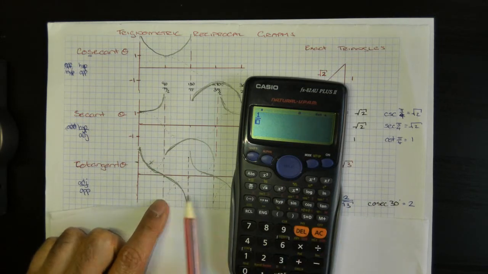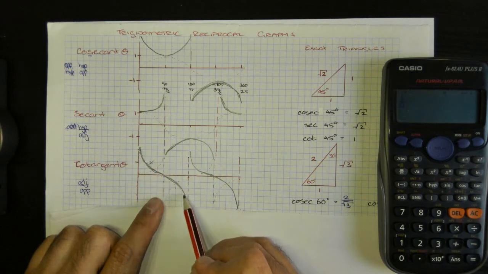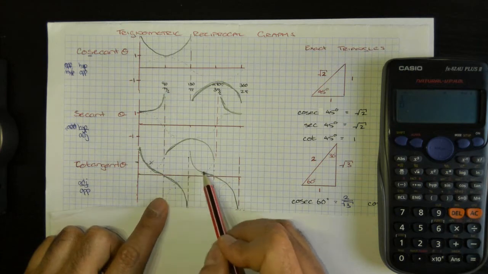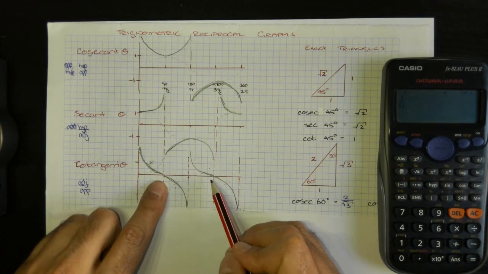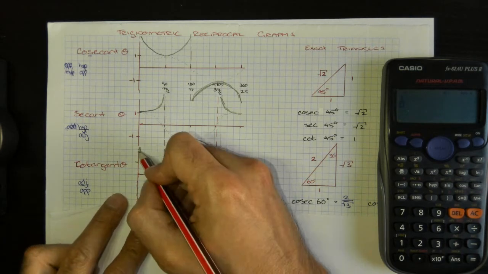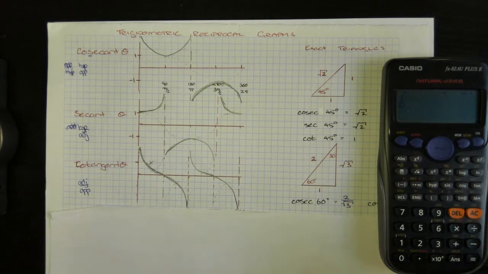So there's another asymptote there. But what happens is we get this wavy curve where the asymptotes are occurring at those points. So we're just basically reversing it and then moving it to the left.